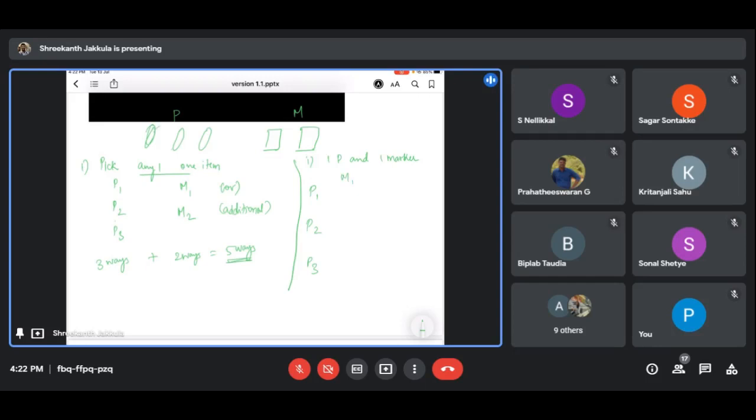So here, one pen and the first marker, one pen and the second marker. Similarly for pen 2 and pen 3. So we can pick one pen and one marker like this. So there are 6 ways.